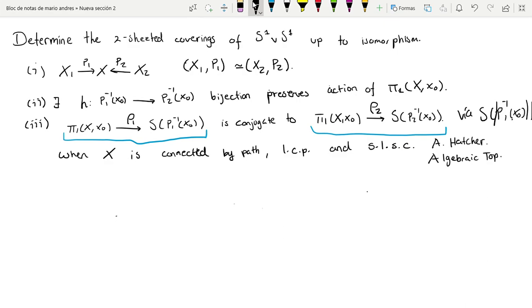Well, if we name the things on the fiber 1 and 2, and in the other fiber equally 1 and 2, what this means is that rho 1 is conjugate to rho 2. Well, it means this equation.